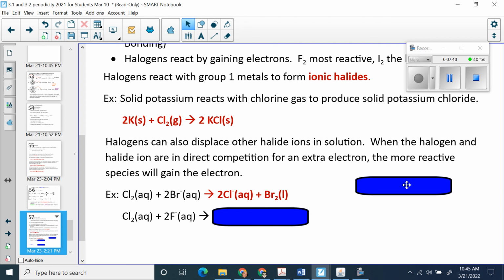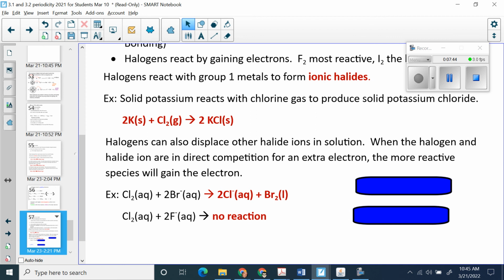And then if you have chlorine with fluorine ions, you will get no reaction. Okay, so diatomic chlorine with fluorine ions, no reaction. The fluorine has its electron, it's not giving it up. It is the most electronegative element, it grabbed it, it's super stable.